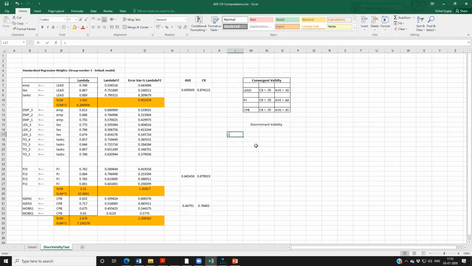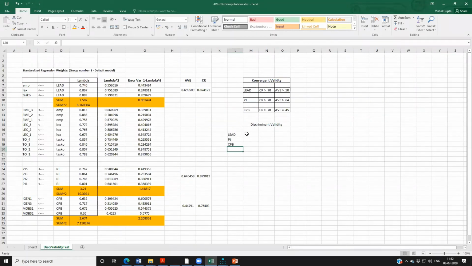So now we will talk in terms of construct, because we want to talk about construct level discriminant validity. So we'll talk about lead, we'll talk about PJ, and we will talk about CPD. Yesterday we had done it for individual dimensions. Now we are doing it for construct level, right?